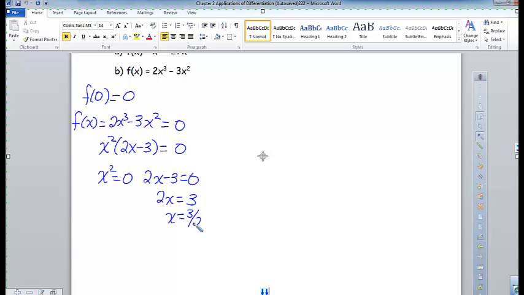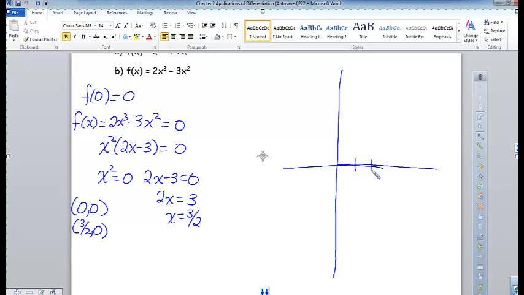So on our graph, we know we're going to graph 0, 0, and also 3/2, 0. Those are two of our points.